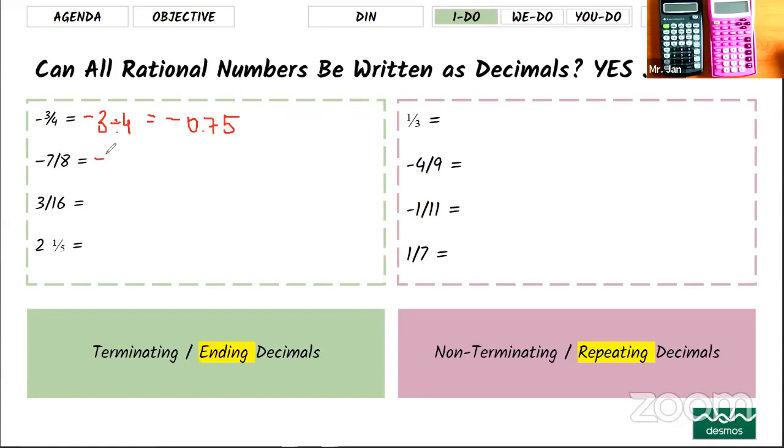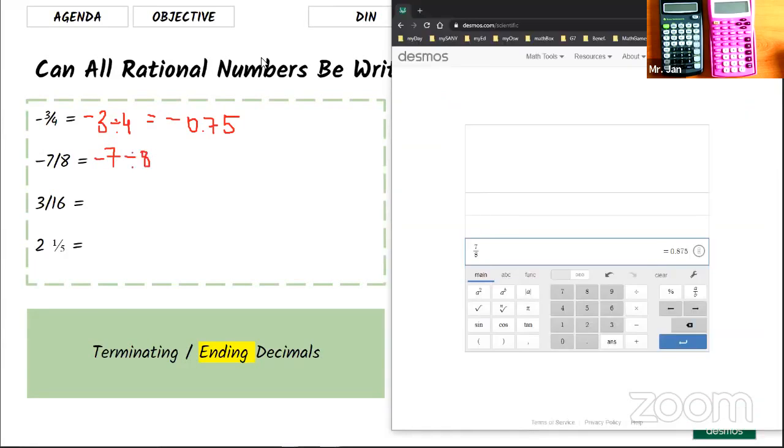The second one is negative 7 divided by 8, which equals negative 0.875. The next one is 3 divided by 16.